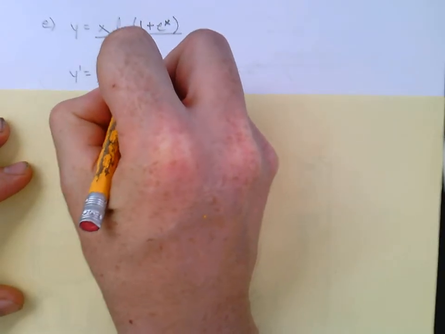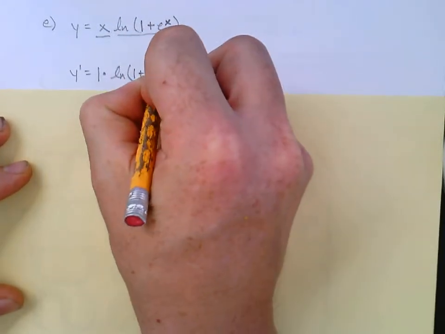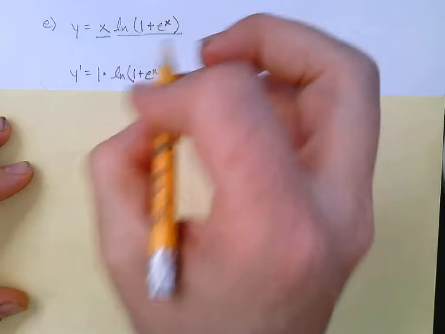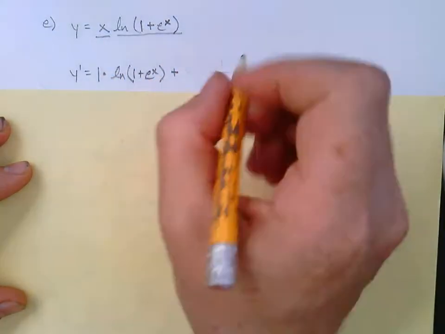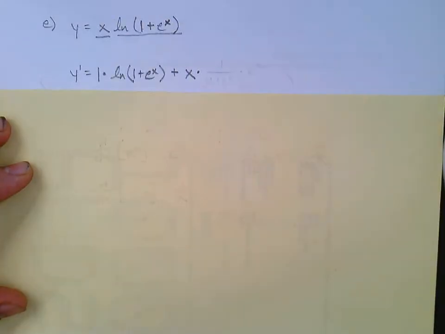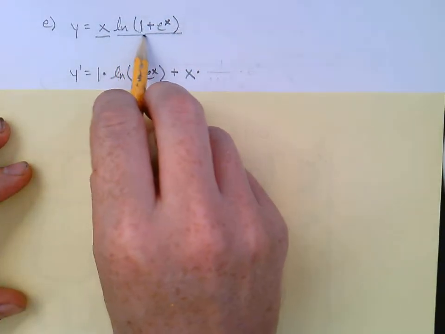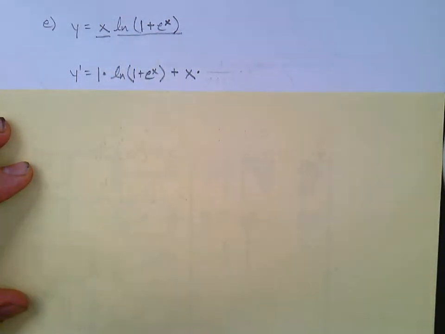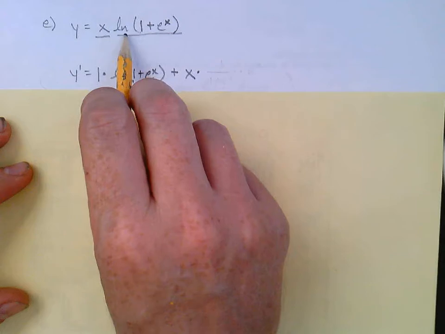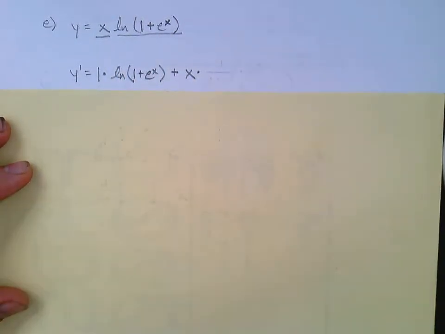So we're just going to copy all of that. Okay, plus leave the first one by itself, and now take the derivative of this natural log 1 plus e to the x. But in order to take that derivative, we need the chain rule.